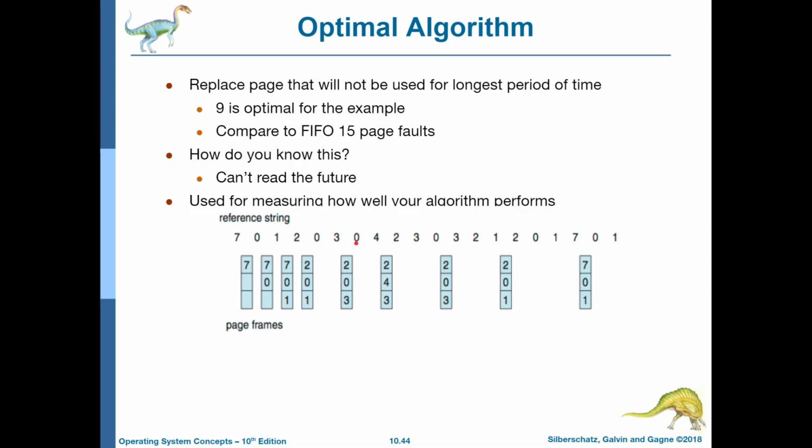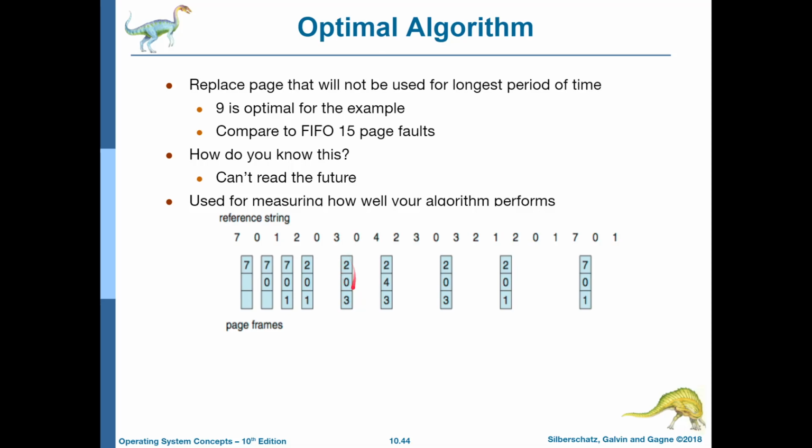We can see 0 is next, and we can see 2 is pretty close, but 1 is way down here, which means 3 will replace page 1. Notice we've deviated from first in, first out. Now, instead of just going to the next element in the frame, we actually overwrite the frame that's going to be accessed the latest.